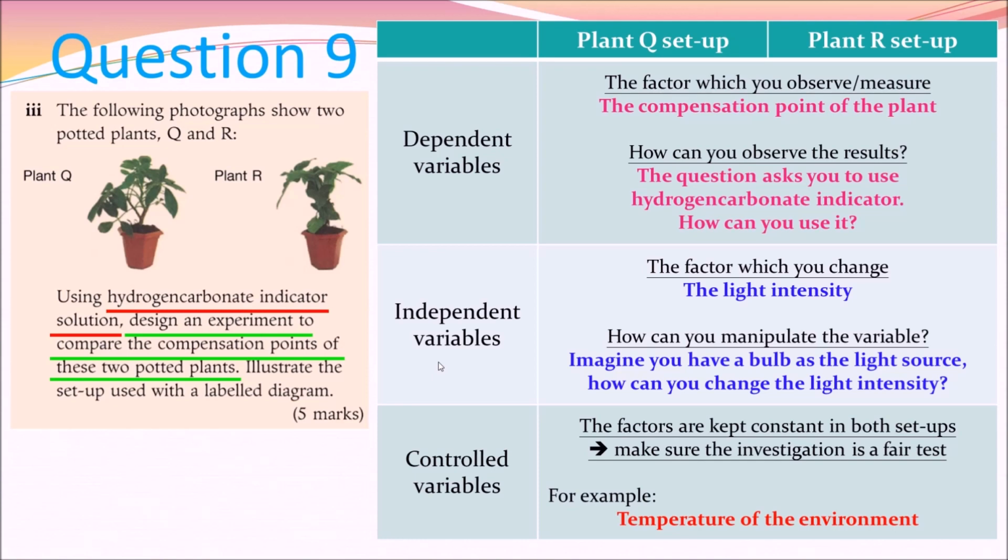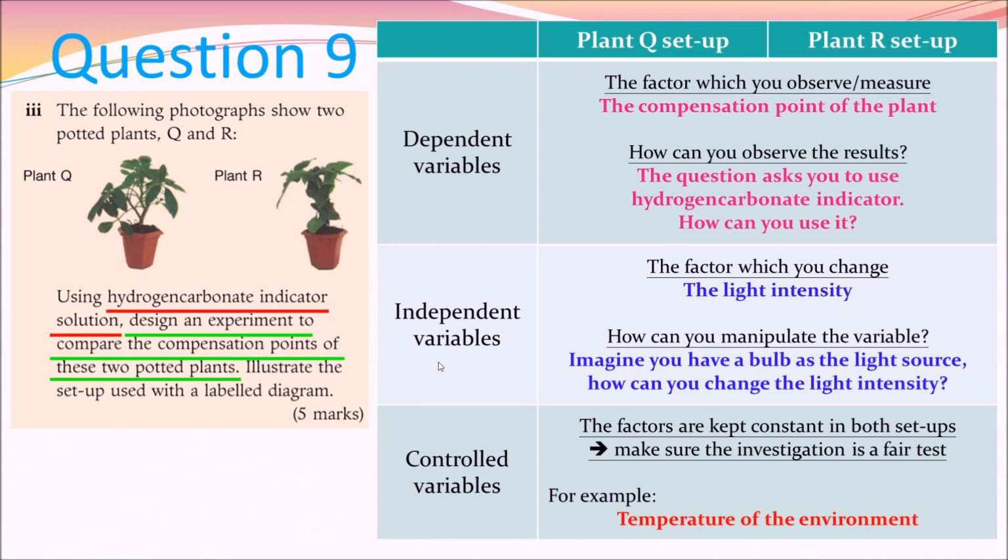So you are wrong. No, I keep temperature constant. That's why I only change the light intensity. So if I can observe any difference in the compensation point, it should be due to the light intensity but not the temperature. Okay, so DV, IV, CV.